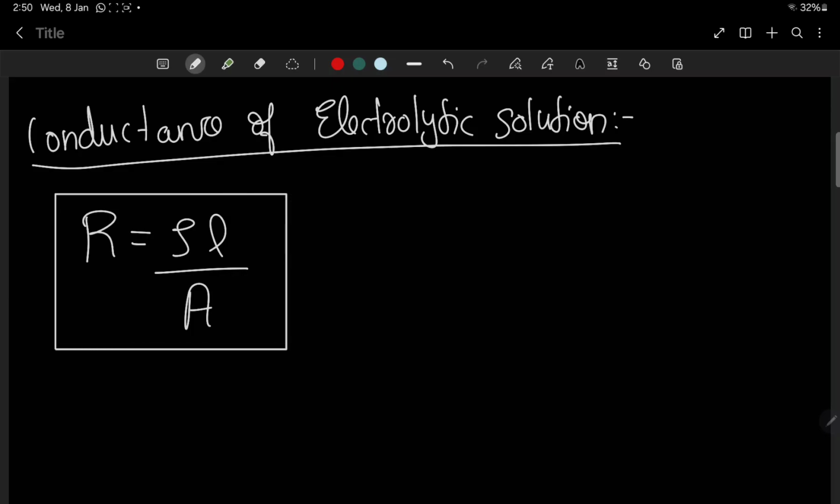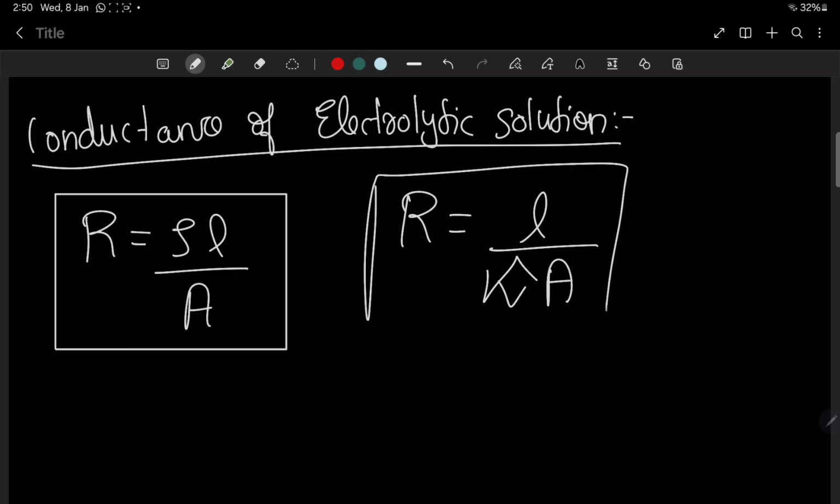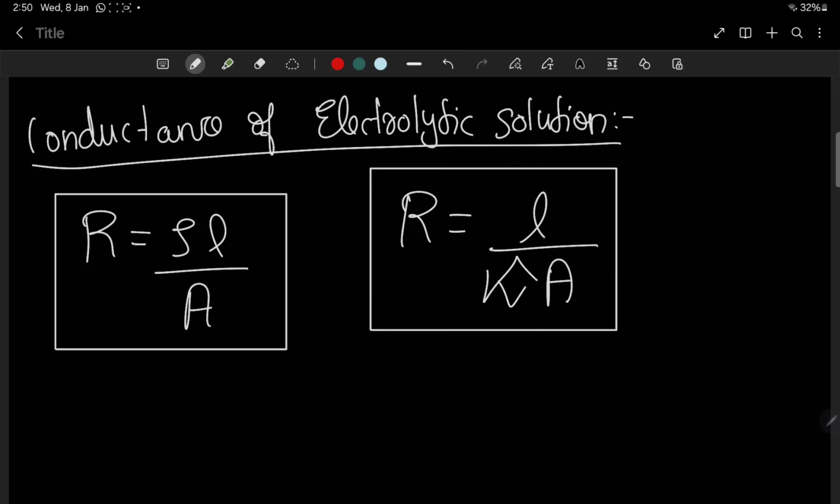R equal to rho L by A, you know. Or you can also write it as R equal to L by kappa A, where kappa is conductance, or specific conductance, or conductivity.